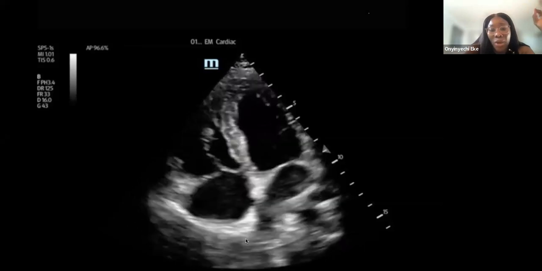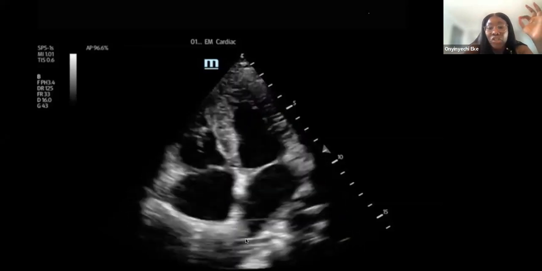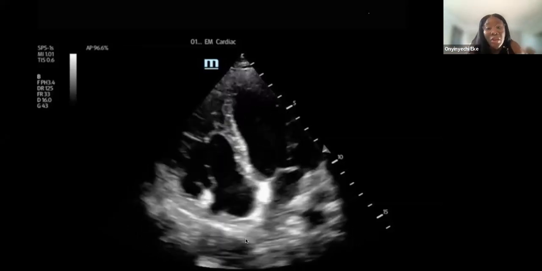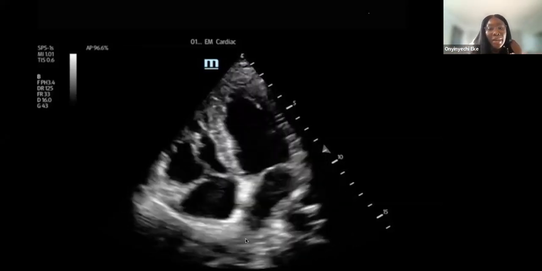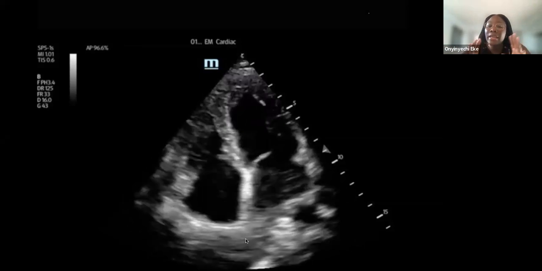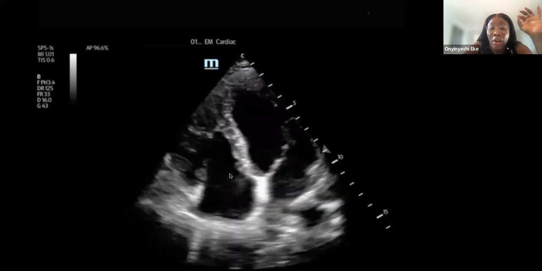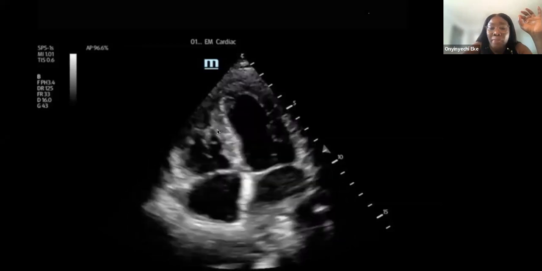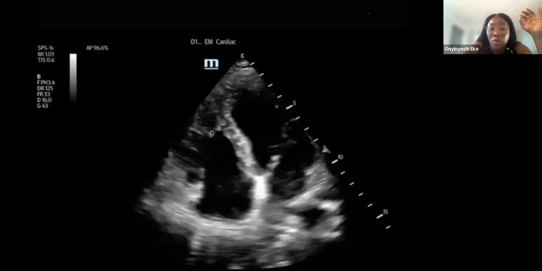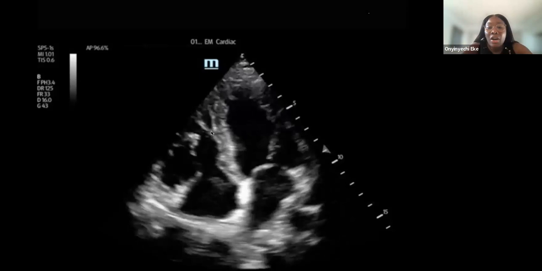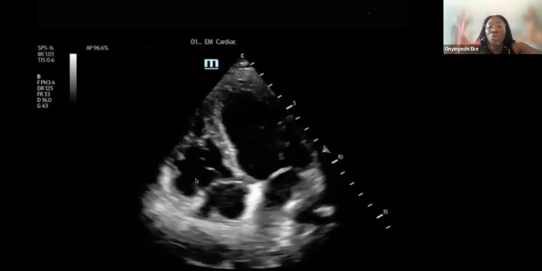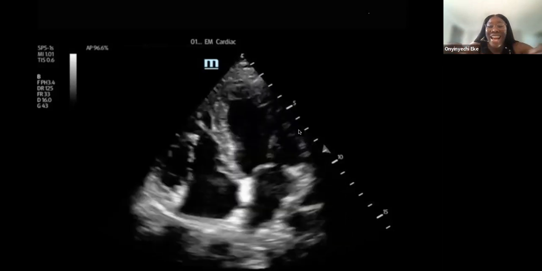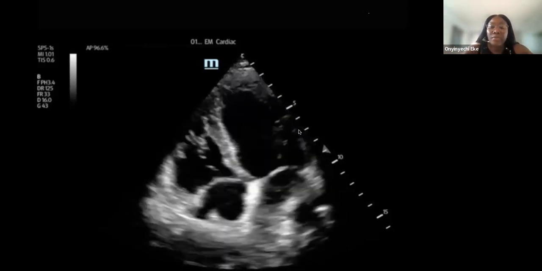Again, those are just some ways that you can use to differentiate, because sometimes maybe they flip the probe. And you imagine if you flip the probe, then you can think, oh, is the right ventricle big? What am I seeing? So again, the tricuspid valve is more apically displaced. We have the moderator band in the right ventricle. The squeeze for the right side of the heart is more longitudinal, up and down. The squeeze for the left side is more inwards and then outwards.